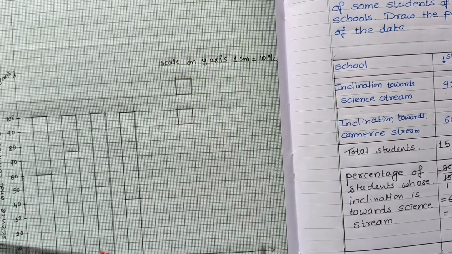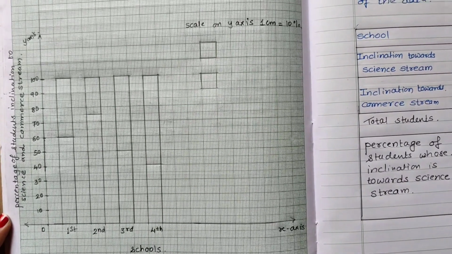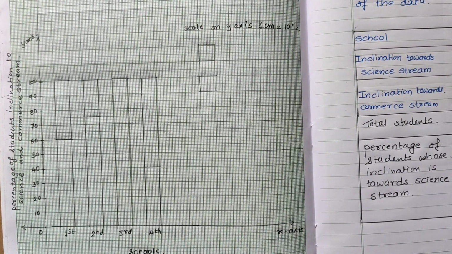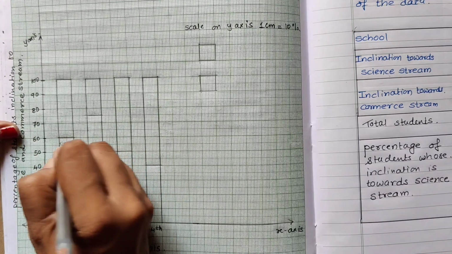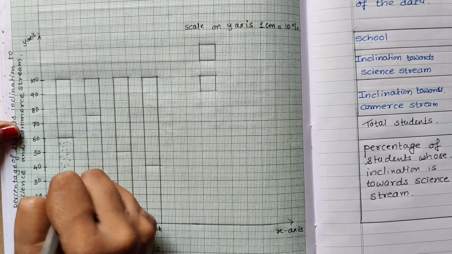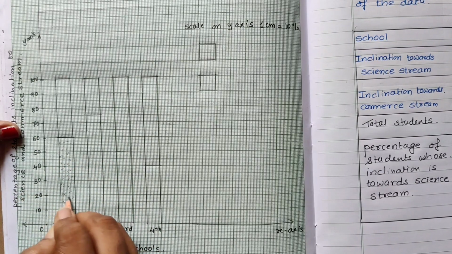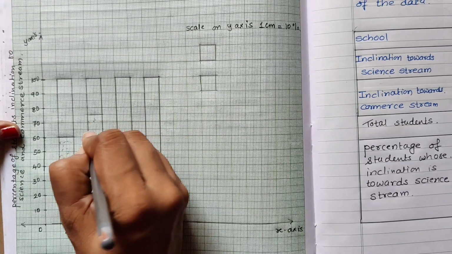So in this way we have divided all the bars, and then the next thing is to show that particular part in different marks. So I will be showing it by putting dots. You can do anything. You can show it by slant lines, you can show it by vertical lines, anything we can do. I am showing it by dots, like this.